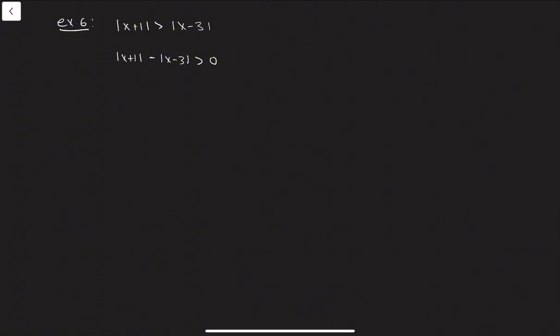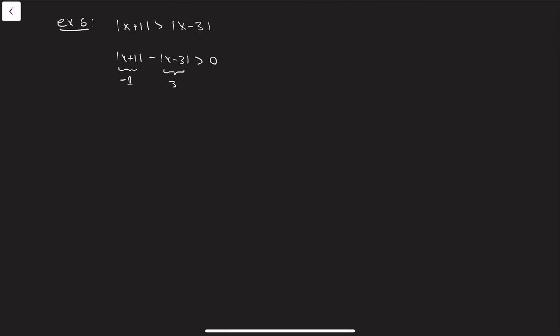Now we have this expression. We need to check when the absolute value signs change. So in this case, we have the absolute value of this one changes when x is equal to -1. It goes from negative to positive after -1. And in this case, it will go from positive to negative at 3.